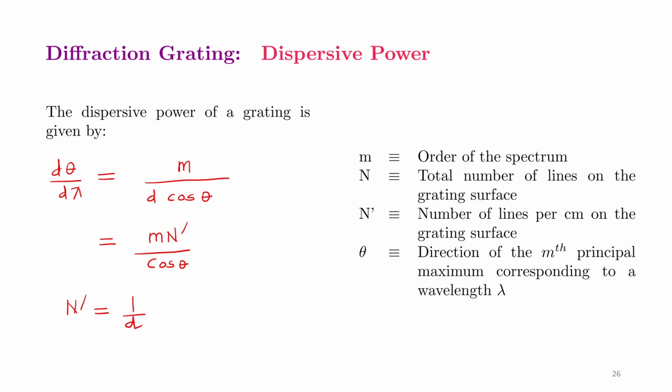Here m is the order of the spectrum, n is the total number of lines on the grating surface, n dash is the number of lines per centimeter on the grating surface, theta is the direction of the mth principal maximum corresponding to a wavelength lambda.